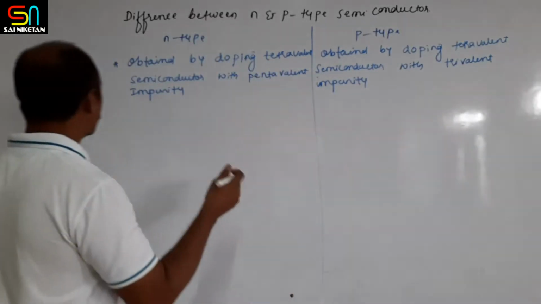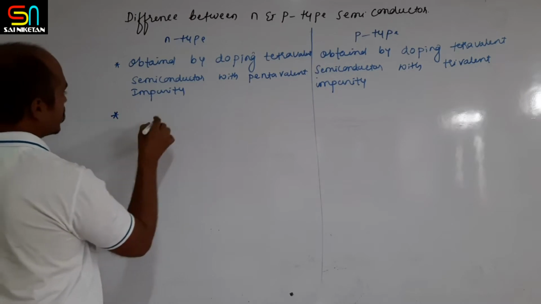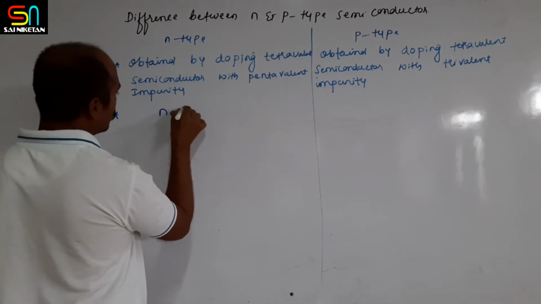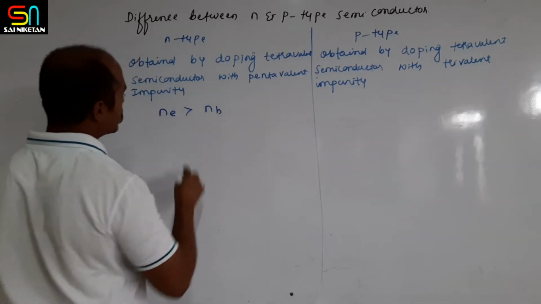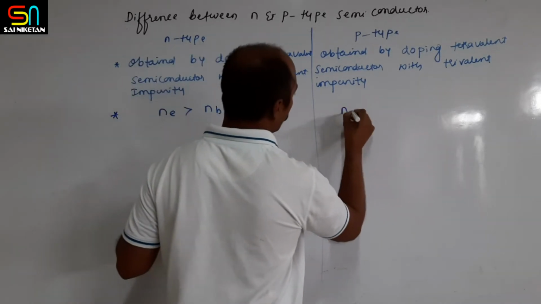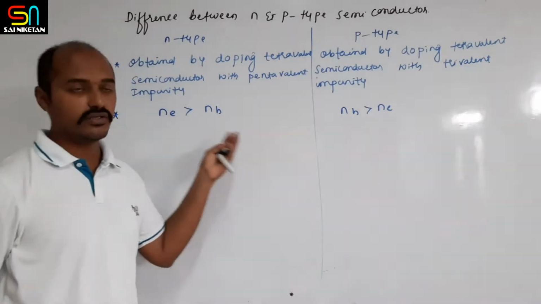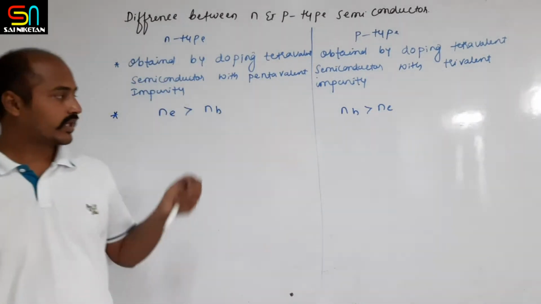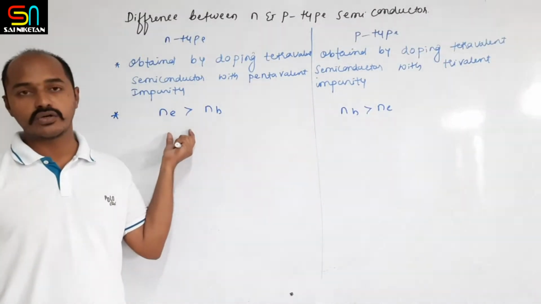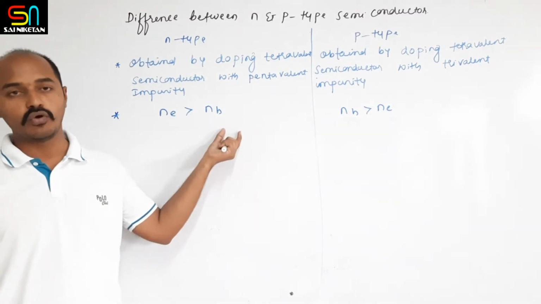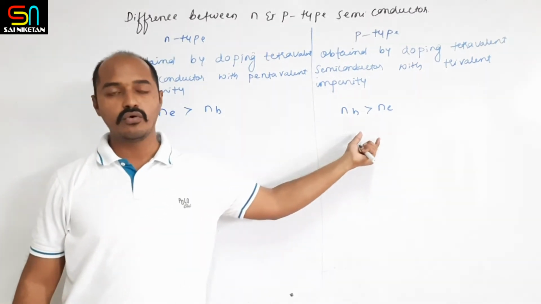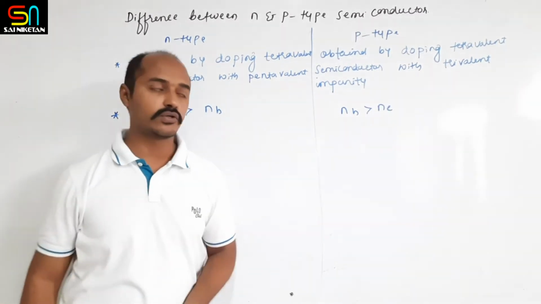And next one, here you can say the number of electrons is much more than the number of holes, and here you can say the number of holes is much more than the number of electrons. In the n-type the number of electrons is more than the number of holes, and in the p-type the number of holes is more than the number of electrons.